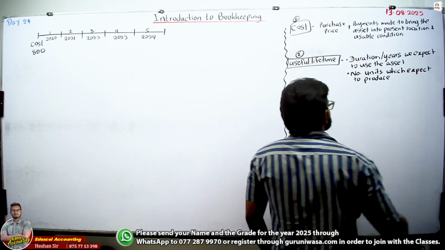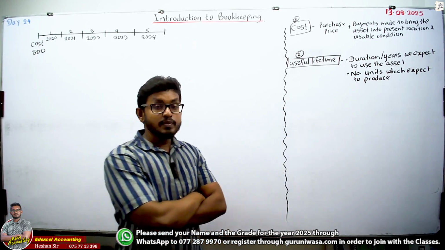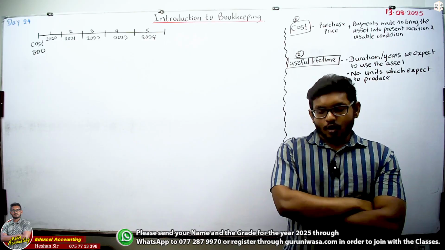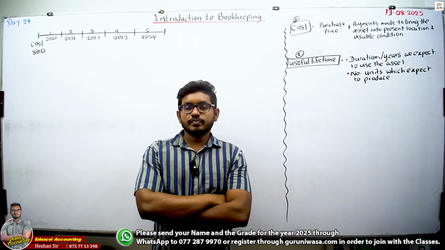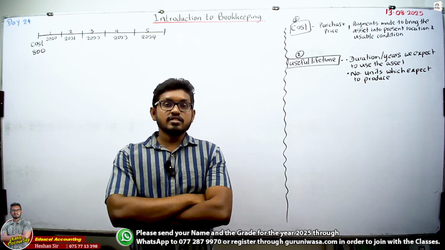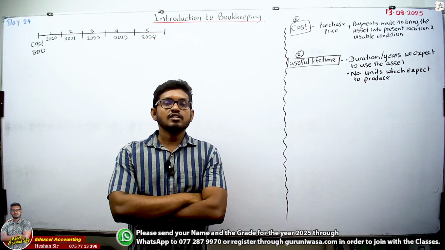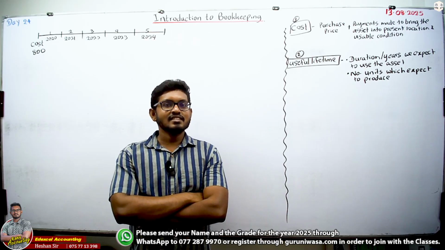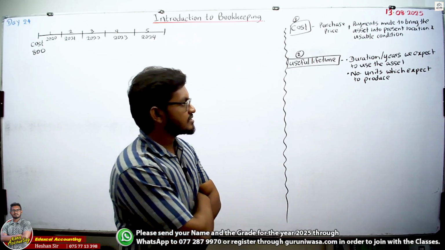Now think you are purchasing a machine to produce biscuits. When you purchase the machine, you can say that from this machine we expect to manufacture 50 million biscuit packets. You can't say that in years.